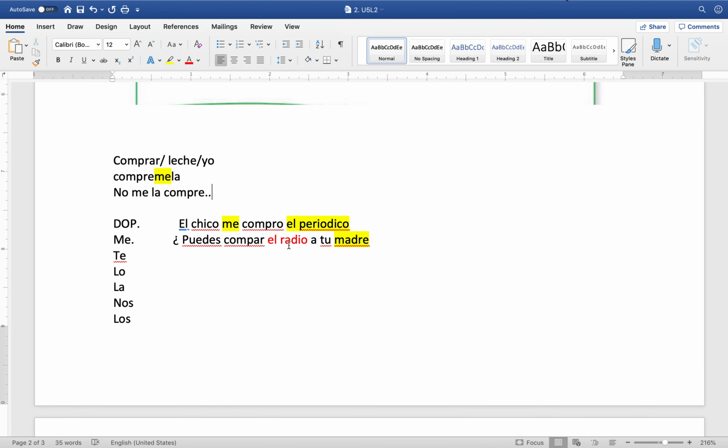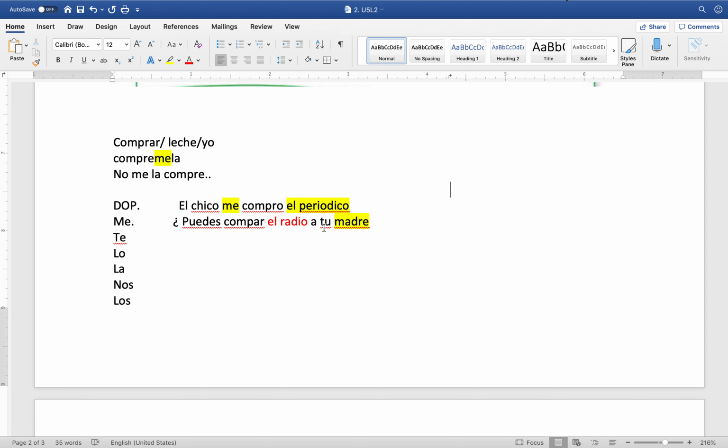El chico me compró el periódico. So the boy bought me the newspaper. He bought me the newspaper. Now we are going to replace el periódico.